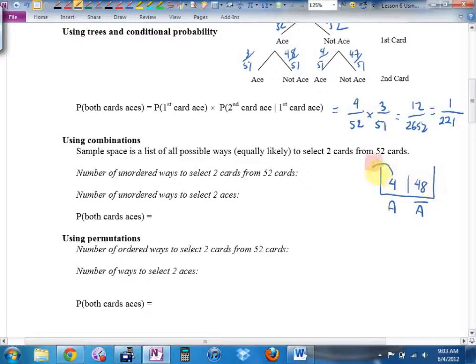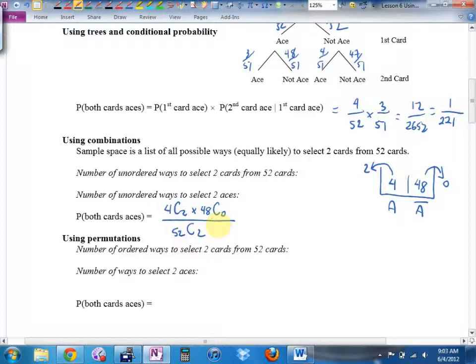How many aces do I want to choose? How many non-aces do I want to choose? See the drawing? Watch. 4 aces choose 2 and 48 non-aces choose none. To make it a probability, we have to divide by the fact that there is 52 cards, you're choosing 2 of them.